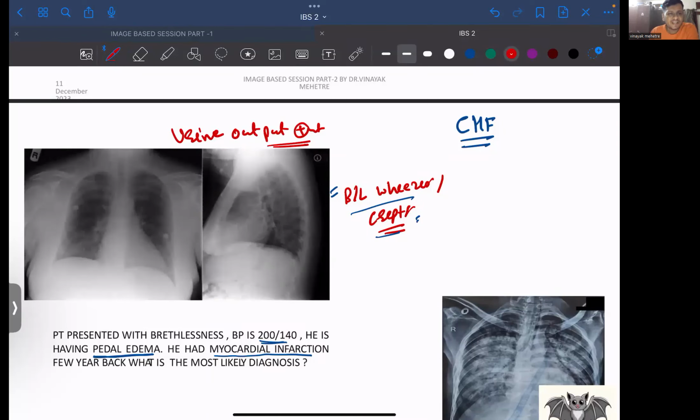We will give Lasix, that is called furosemide, a loop diuretic. Reason being, we have to decrease the fluid overload. So we have to make sure that the patient urinates again and again. As soon as you give Lasix, the patient's fluid overload will decrease, right? And the wheezes and creps will decrease slowly. Okay, and the difficulty in breathing will also decrease. So we will give diuretics, not labetalol. Make it clear.